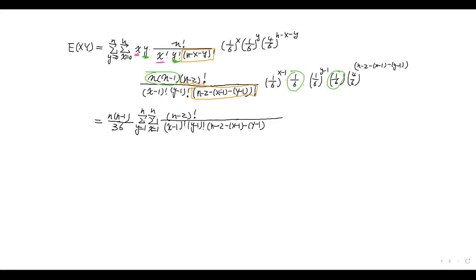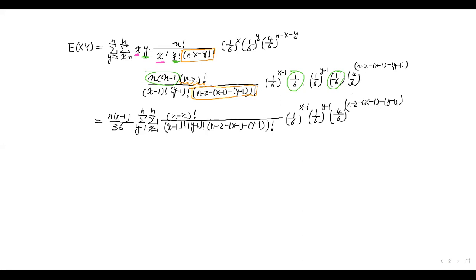So now this is the factorials here, right? Then I have 1/6 to the x minus 1, 1/6 to the y minus 1, and 4/6 to the n minus 2 minus (x minus 1) minus (y minus 1).